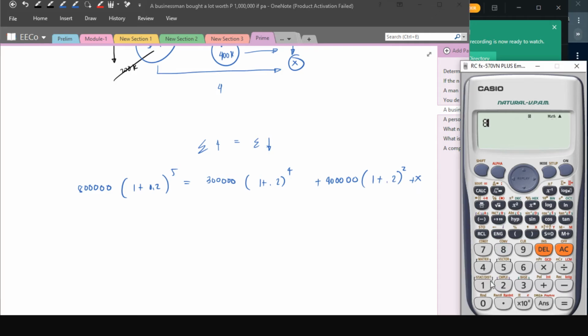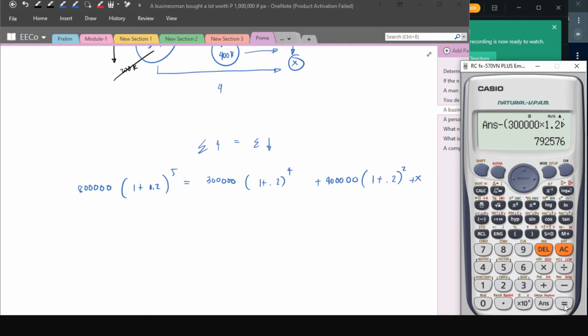So, 800,000 tapos 1.2 raised to 5 equal to minus yung 300,000 times 1.2 raised to 4 minus 400,000 times 1.2 raised to 2.